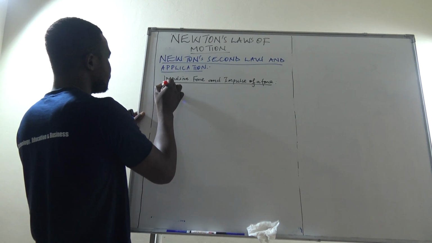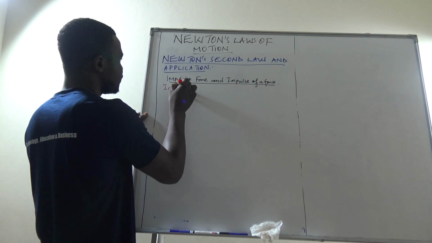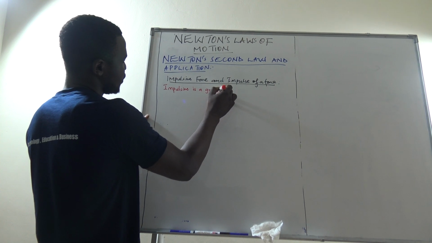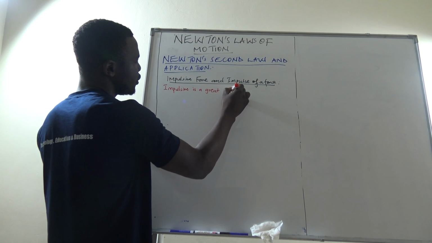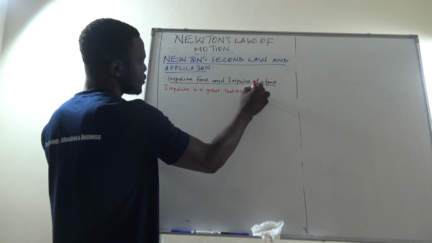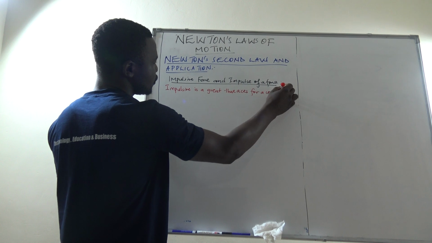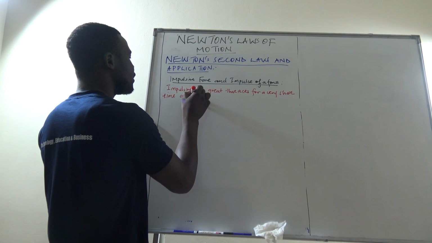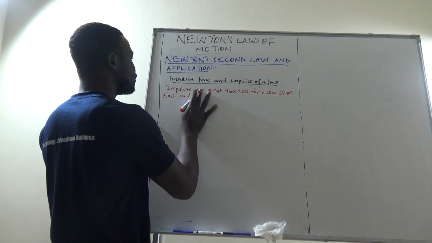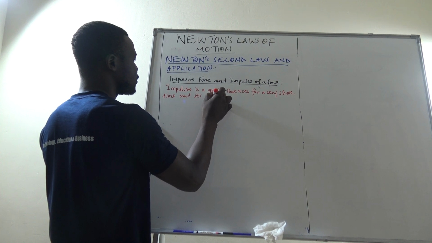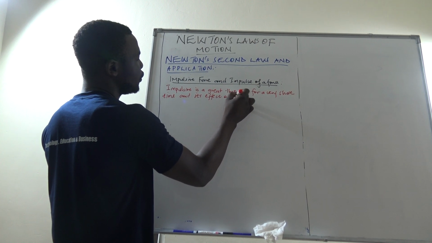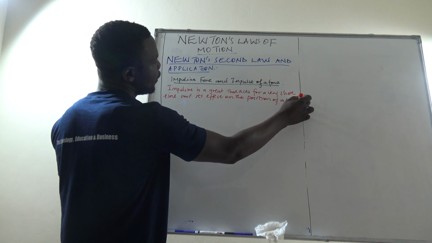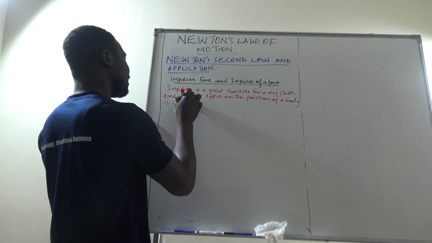So we can define impulsive force and say that impulsive force is a great force that acts for a very short time, and its effect on the position of a body is neglected.